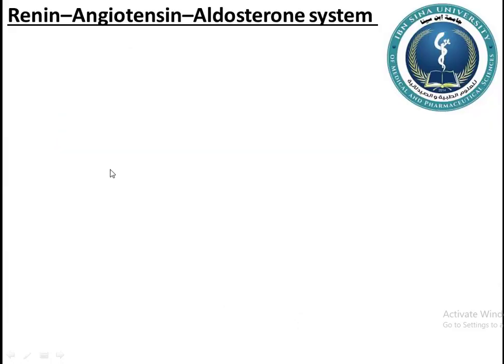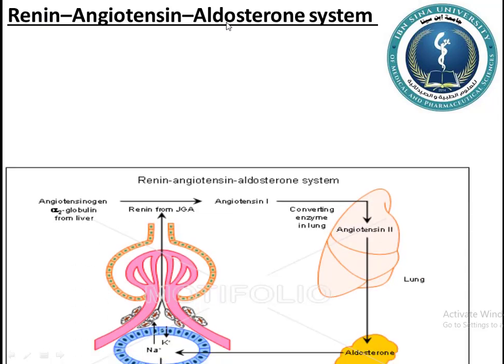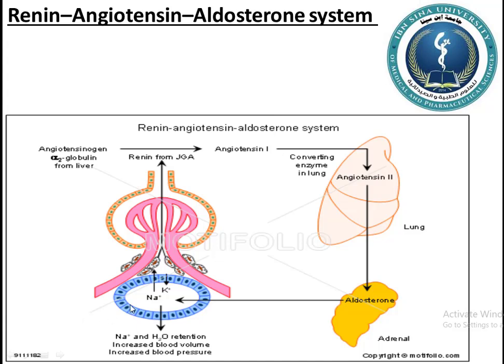The renin-angiotensin-aldosterone system is an important system, as its name suggests. It starts from this part. Low sodium in the collecting duct causes renin to be secreted from the granular cell.